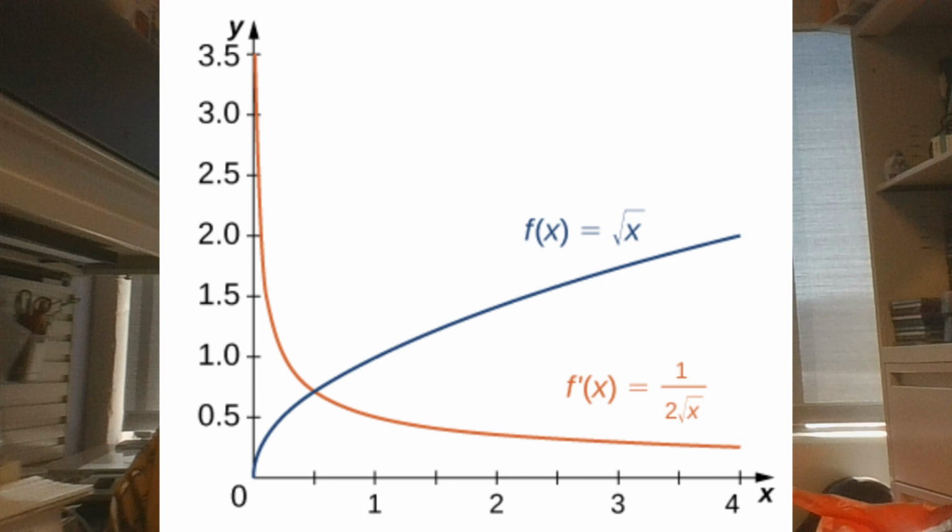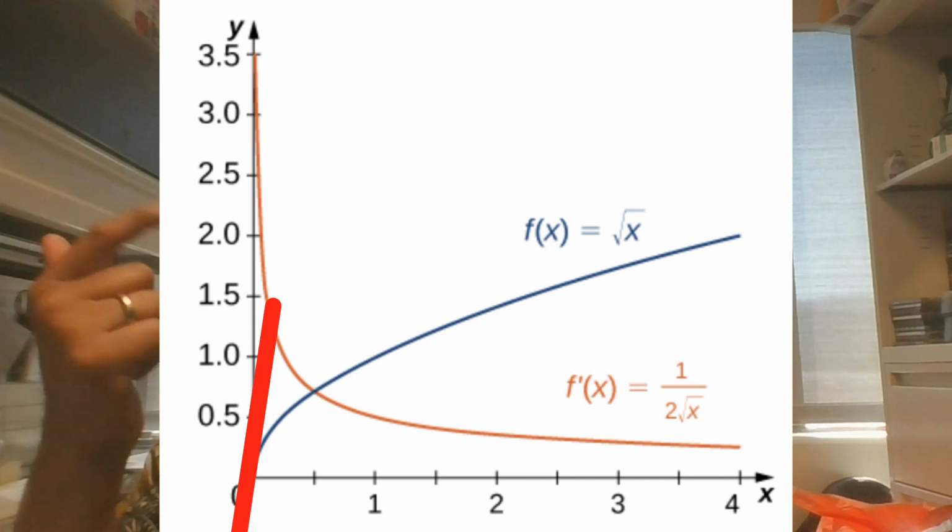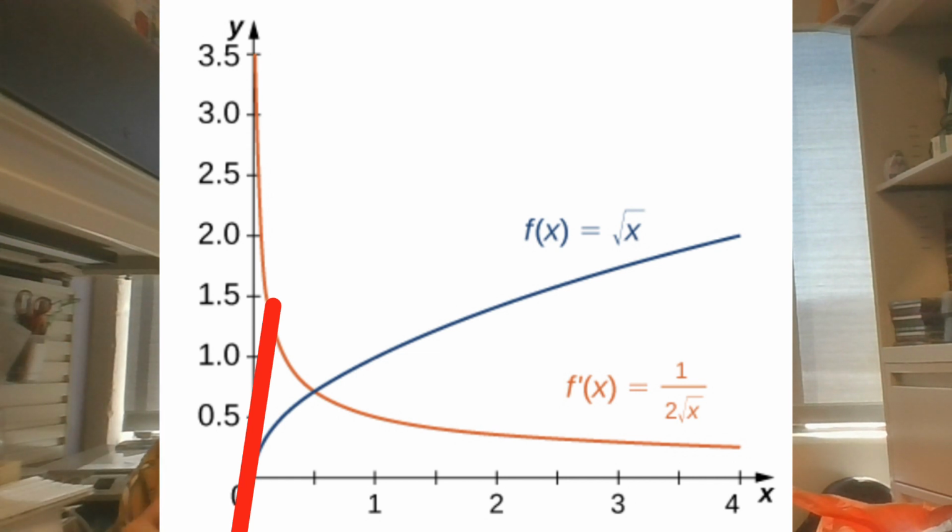If we look at values really close to 0, our slope is really steep, and a super steep slope going upward tells us the value of the slope is really high in the positive direction. As we get closer and closer to 0, it actually goes vertical. That's why our derivative function has an asymptote as we get closer and closer to 0.